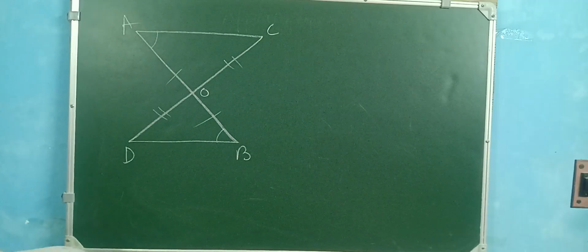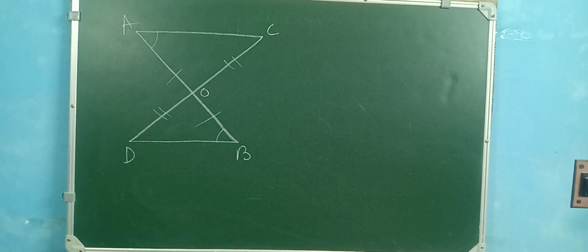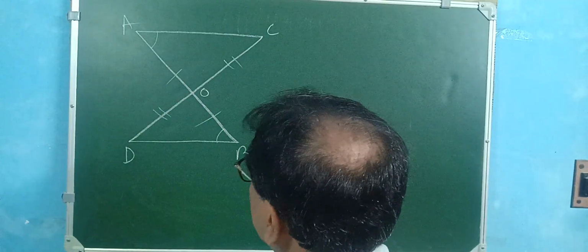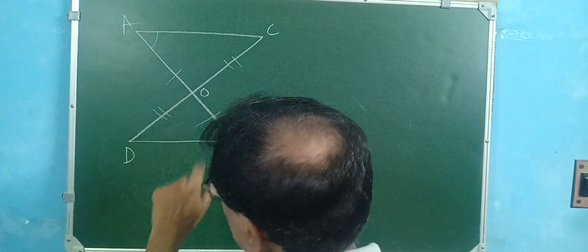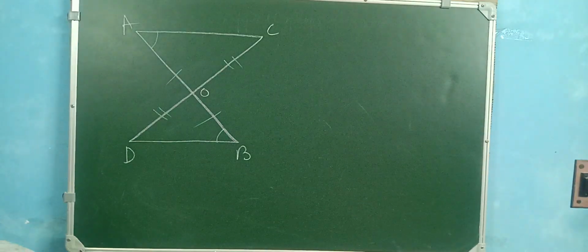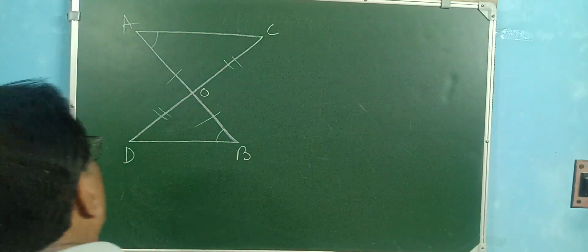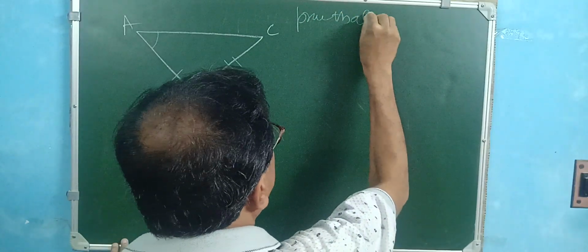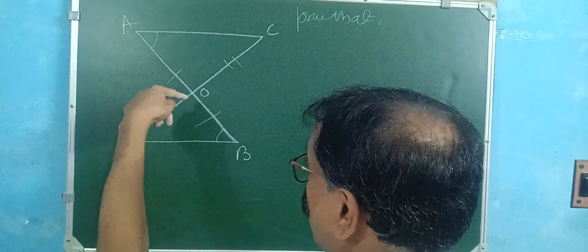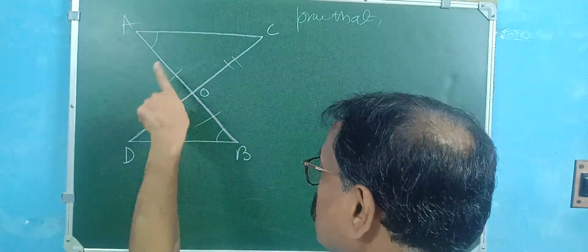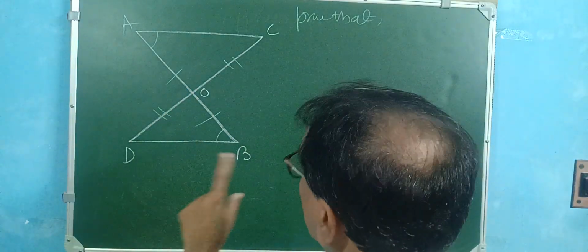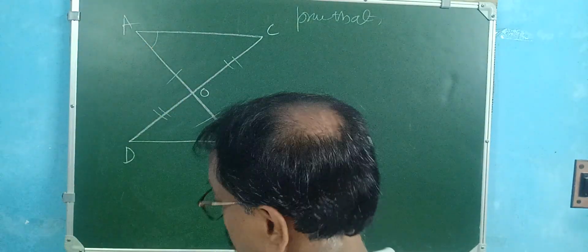So in this triangle drawing, O is the midpoint of AB, and O is also the midpoint of DC. What will be proved? Prove that AO is equal to BO because O is the midpoint, and DO is equal to CO because O is the midpoint of DC, and this angle equal to this angle.